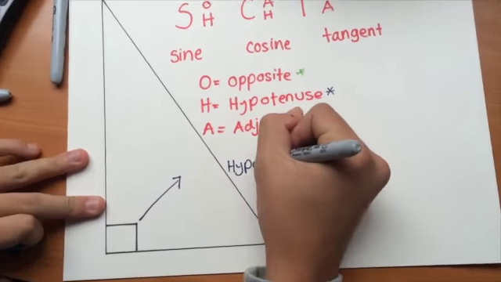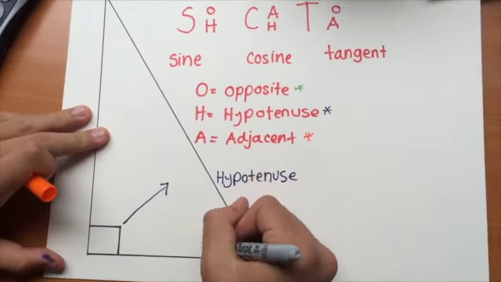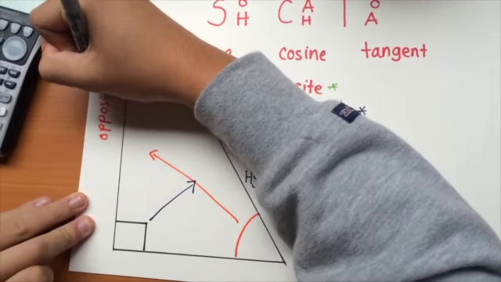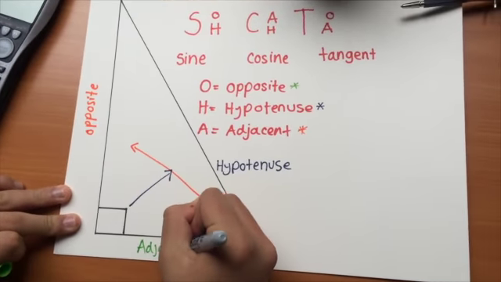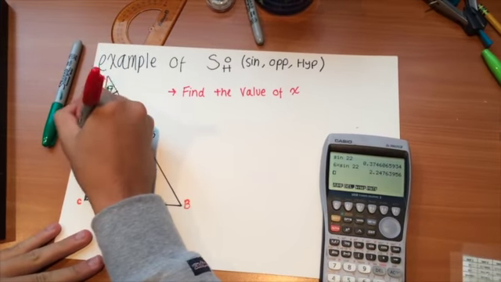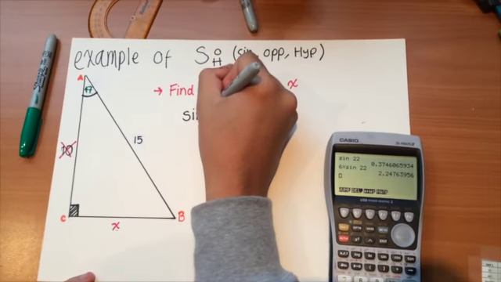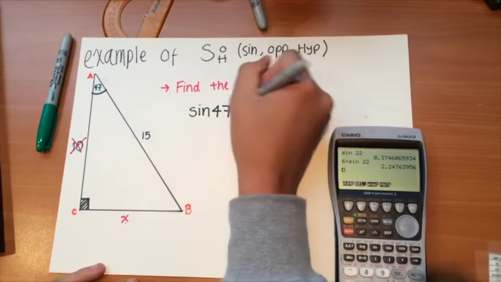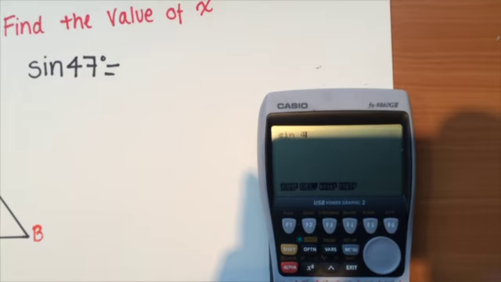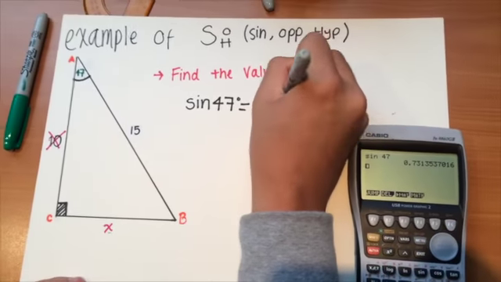The hypotenuse is always the longest side of the triangle. The opposite is always on the opposite side of the angle, and the adjacent is the side that remains. An example for sine, which involves opposite and hypotenuse: we are going to find the value of x in this triangle.